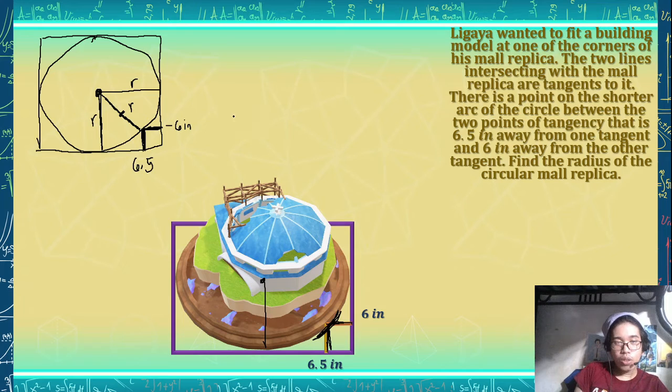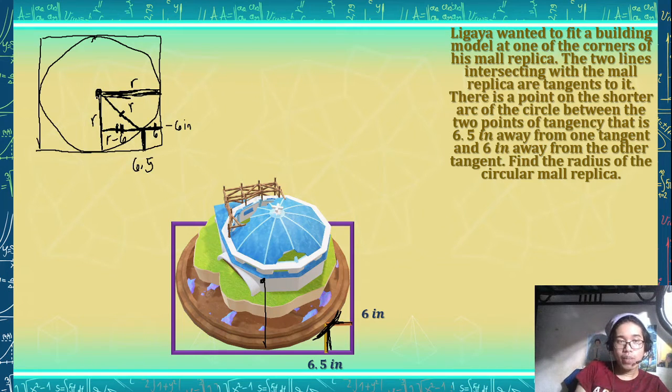Now try to look closely, guys. This line here, the radius, is going to be parallel to this line that we're going to be creating here. So what's the value of this line segment? Since this is 6 inches and this is r, this line over here can be represented by r minus 6.